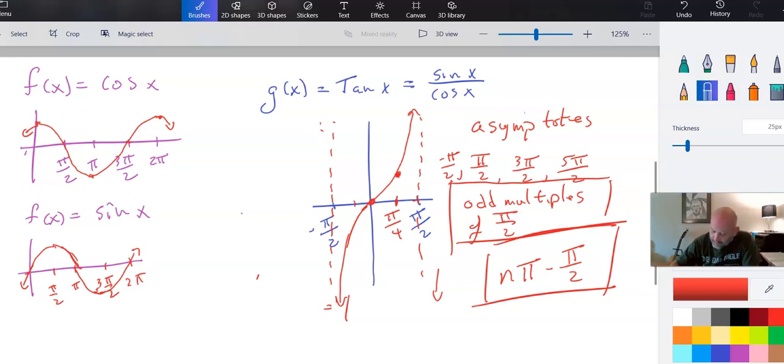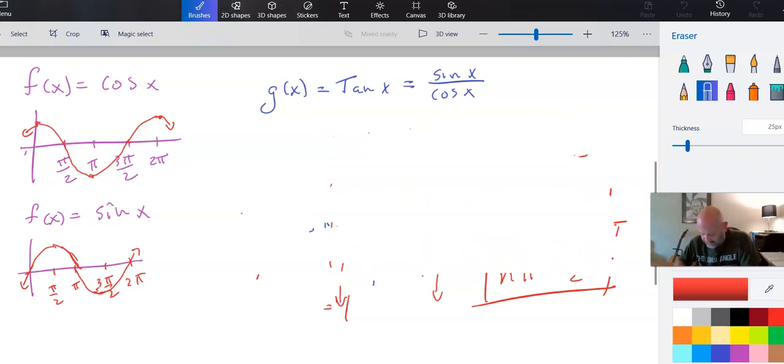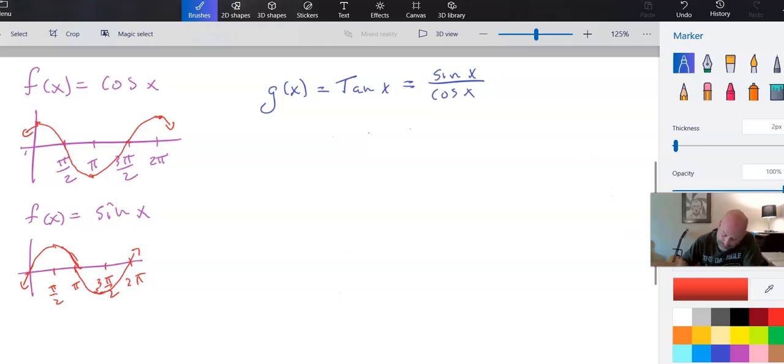Now, after seeing that, we should be able to cobble together cotangent, because it's really just a matter of getting a hold of the main pieces. So let's see if we can do that with cotangent. Notice it's still going to be based on the graphs of sine and cosine. Remember, cotangent is cosine over sine.